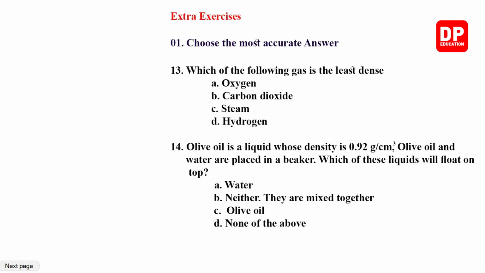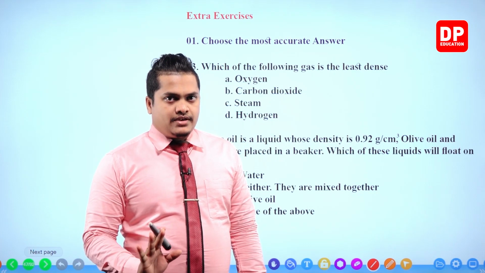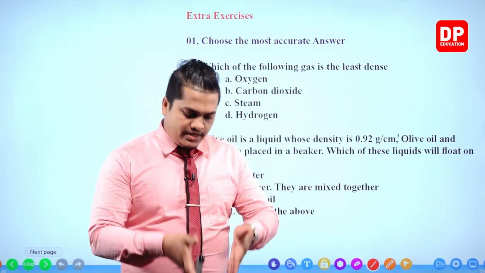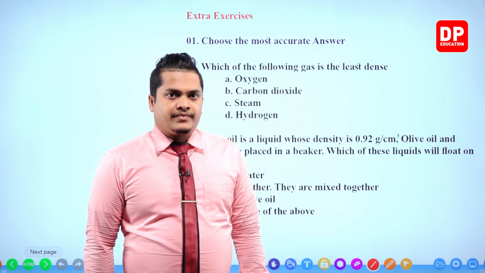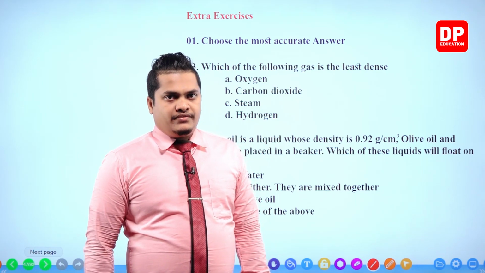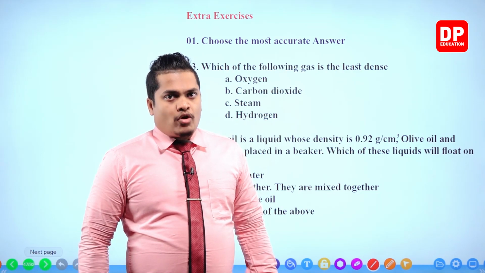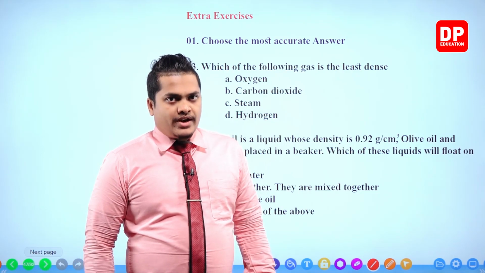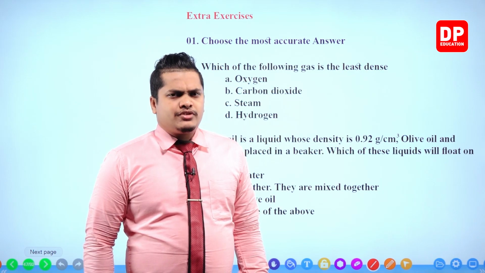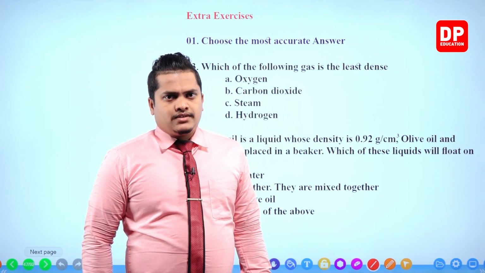Alright then. Which of the following gases is the least dense? Like I said, if it has the least density, those gases go up. If the gas has a higher density, those gases come down. Can you remember when we discussed hydrogen and oxygen gases? We discussed that hydrogen is a very light gas.